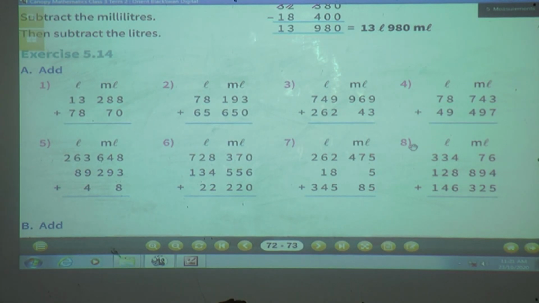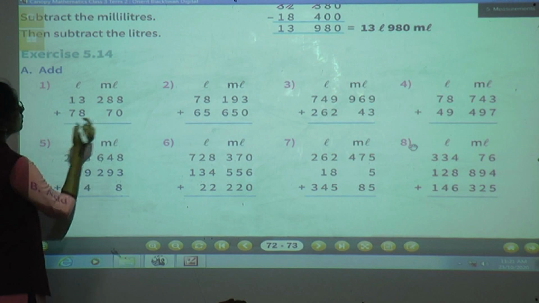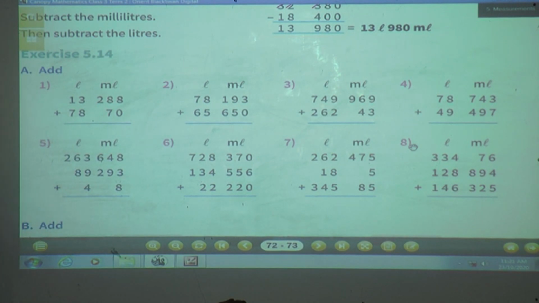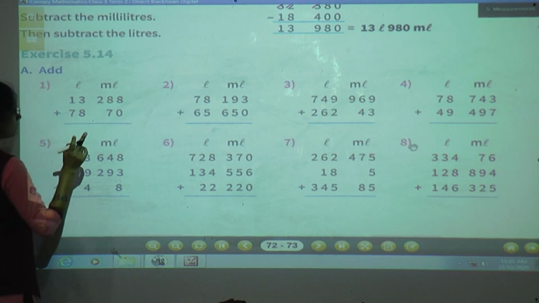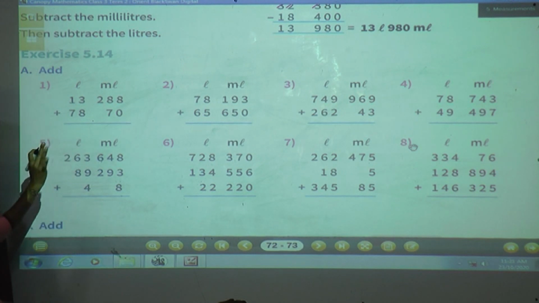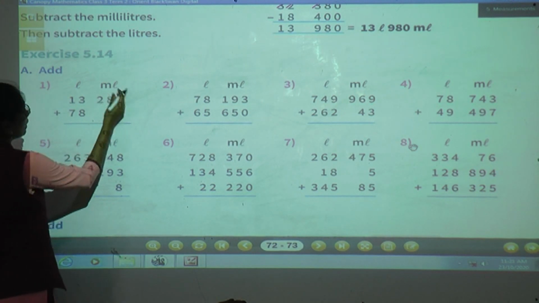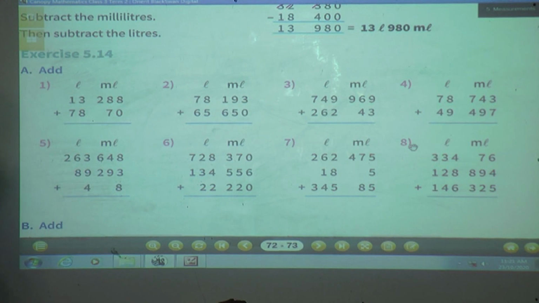Here 13 liter 288 milliliter plus 78 liter 70 milliliter. Okay, now we will see all the sums one by one. Here first we will add milliliters. Okay, from the right side always we have to do the addition or subtraction. Okay, here at the right side ml column is there, so we will add first milliliters.